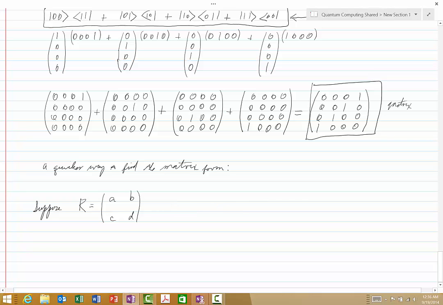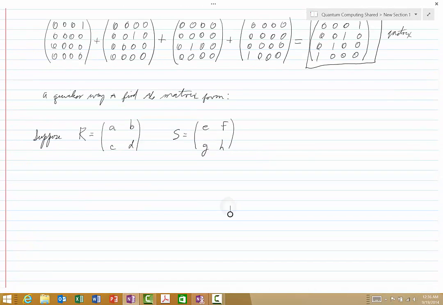And let's suppose S is equal to E, F, G, H. Then the tensor product of R with S is actually the following.